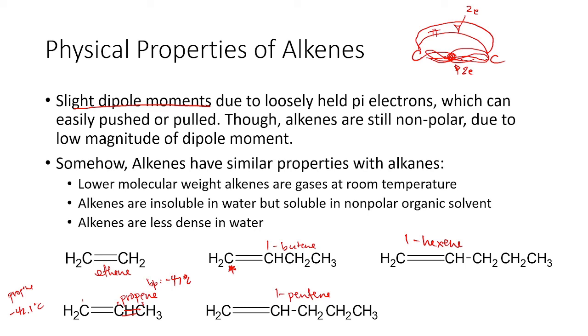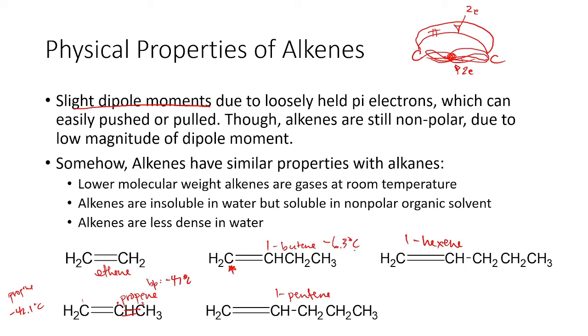But when it comes to butane, mas mababa na yung sa butane. For butane, we have here negative 0.5 degrees Celsius, and when we compare that to butene, that will be negative 6.3 degrees Celsius.